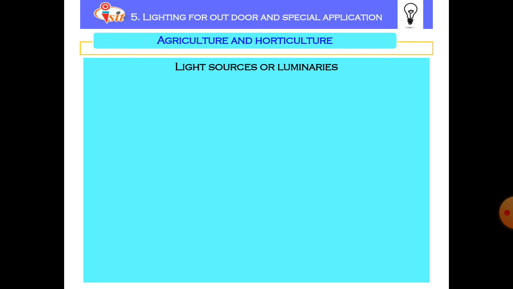So this area requires a general lighting system, but special lighting is expected as per the illumination engineering field. The requirements are different.